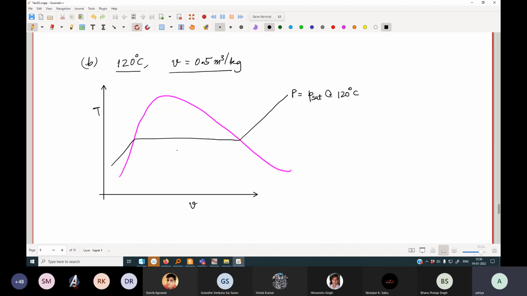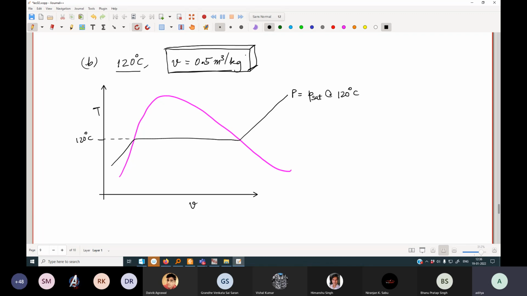This is the same isotherm because this point is 120 degrees Celsius. Now we don't know where this particular point lies. So what should we do? How do we go about it?